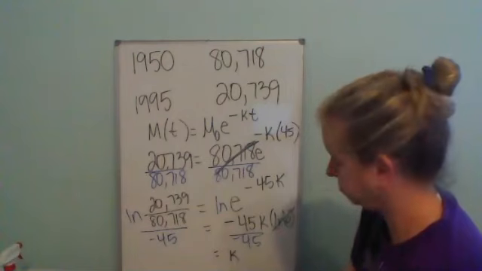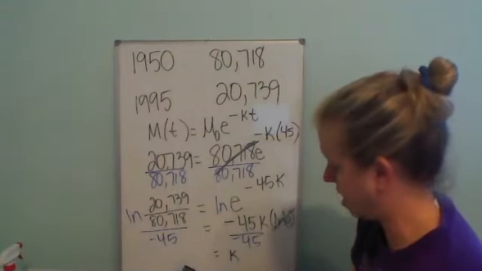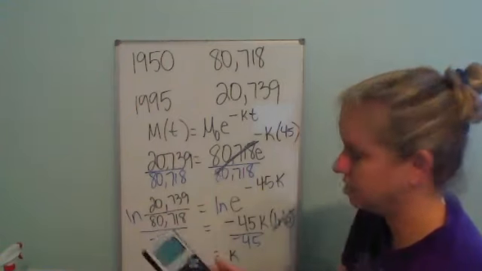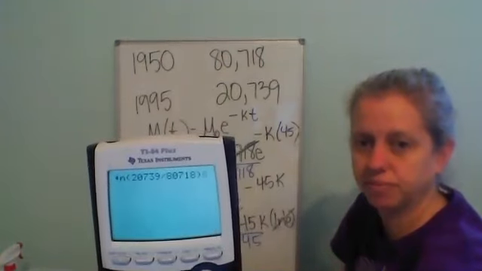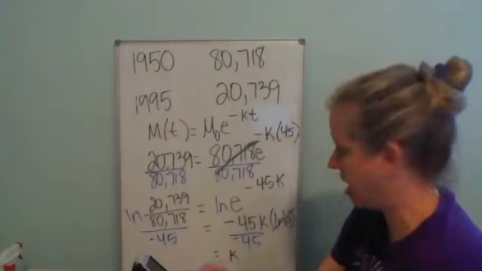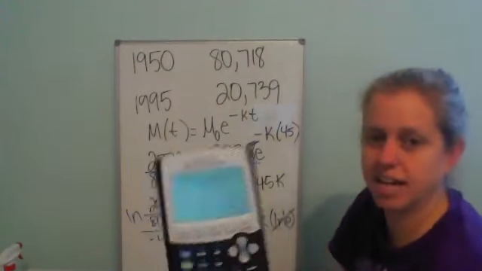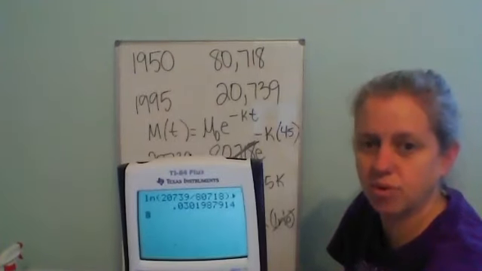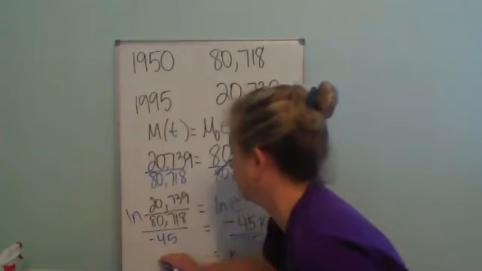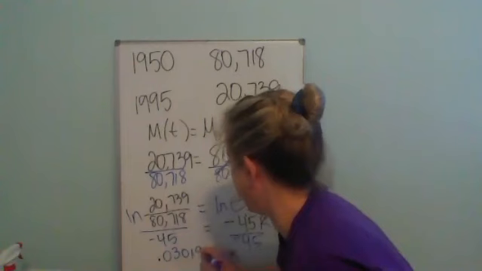So let's see, type that mess into your calculator. ln 20,739 divided by 80,718. So there's the first part of it. Close that parenthesis and then divide by negative 45. And let's see what I get. I get 0.03019.